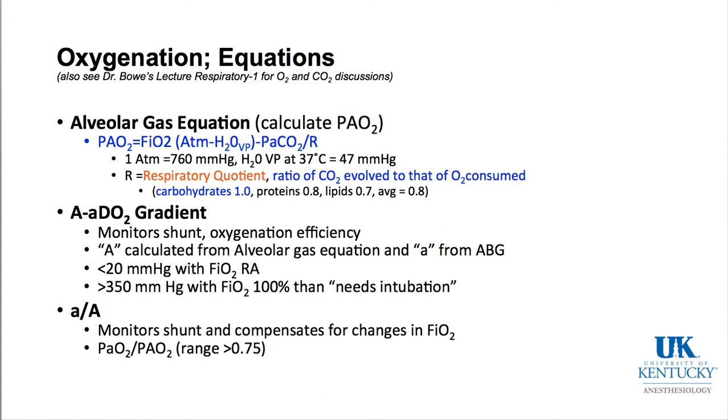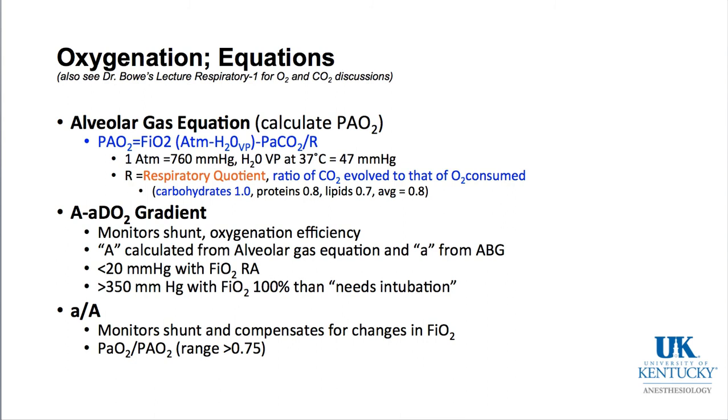And then you subtract out the effect from CO2, a gas that's also present in the alveolus, and that's PaCO2 over respiratory quotient. And respiratory quotient refers to the ratio of carbon dioxide evolved to that of oxygen consumed when you're using different nutrients.